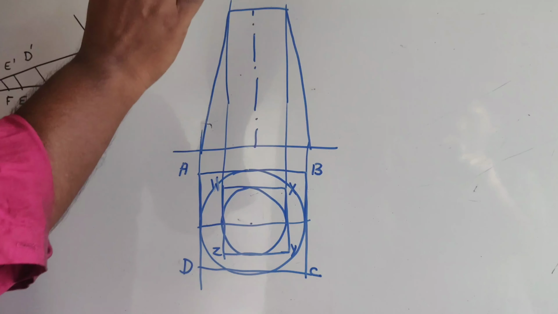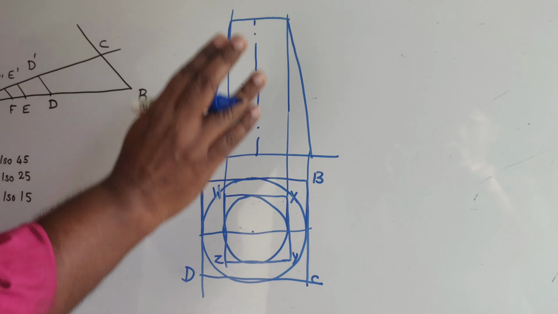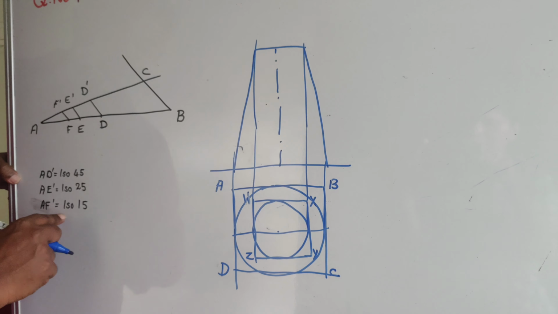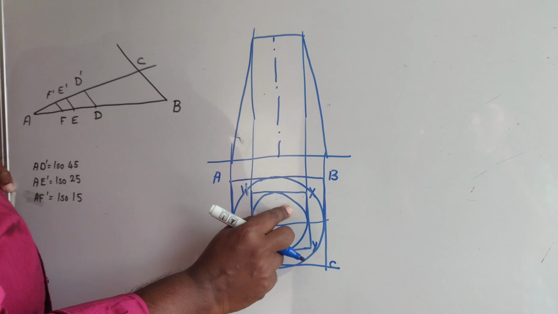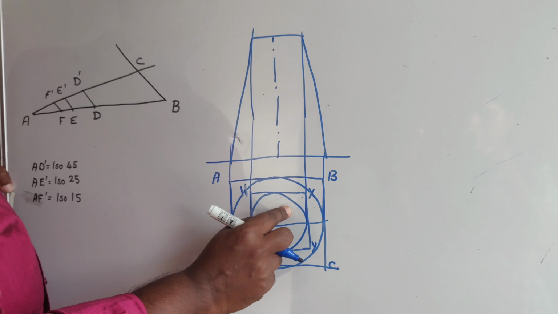So we have taken the dimensions as isometric length of 45 as the height, the radius of the base circle as isometric length of 25, and the top base radius as isometric length of 15. We are simply saying this has 15 mm radius, this has 25 mm radius, but we are taking all these dimensions from the isometric scale. Using this we have drawn the symbol position.